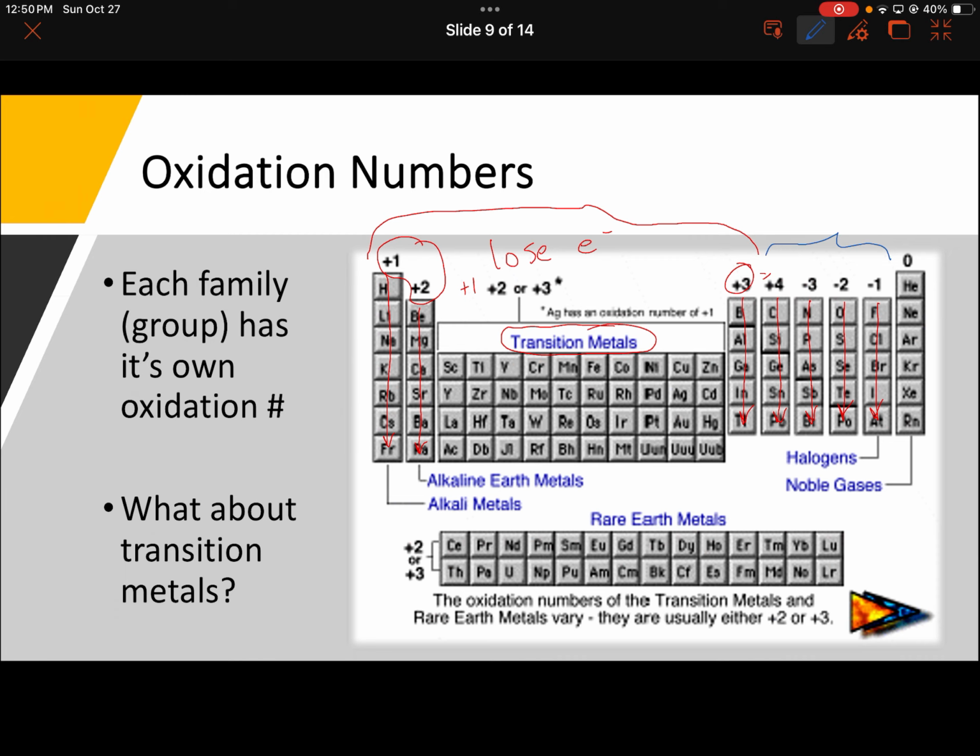Usually groups 4, 5, 6, and 7, they want to gain electrons. And remember, noble gases, they're not going to do anything because they already have what they're looking for. They're already stable. So those we're just going to leave alone.